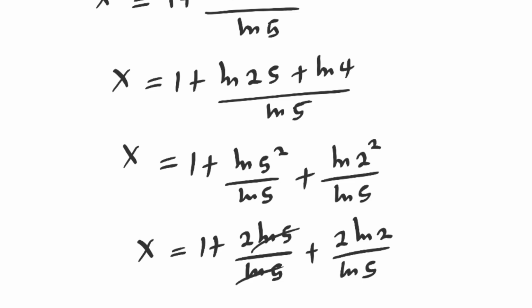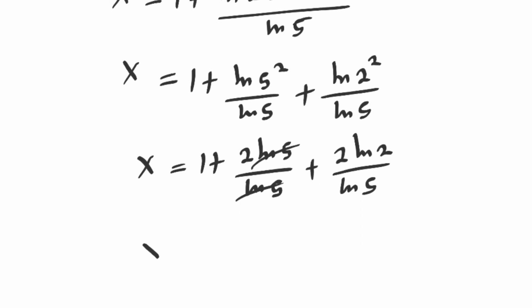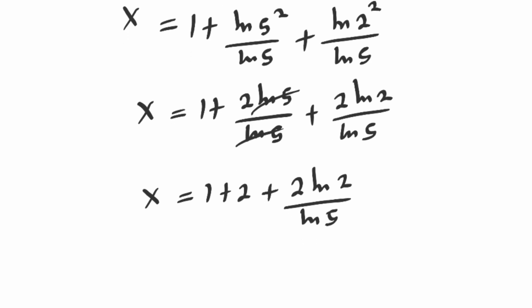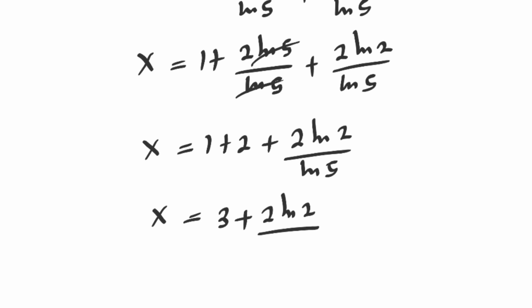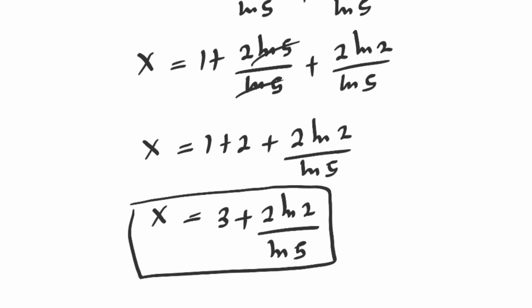This ln of 5 cancels this ln of 5. x is equal to 1 plus 2 plus 2 ln of 2 over ln of 5, which is 3 plus 2 ln of 2 over ln of 5. Then this is the final answer in terms of natural logarithm form.